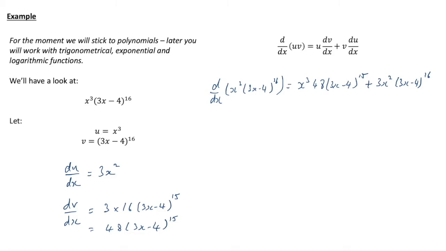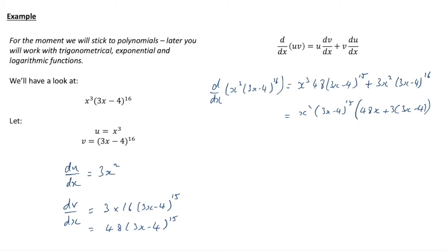If we look at the next step, both of those terms have an x squared, so we can take that out the front. Both of them have (3x minus 4) to the power of 15. The first term, if we take an x squared out of it, leaves us with x because we started with x cubed, and we also have 48, so in the second bracket that gives us 48x.